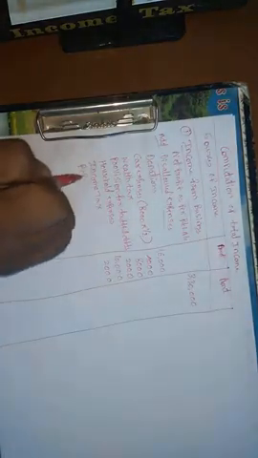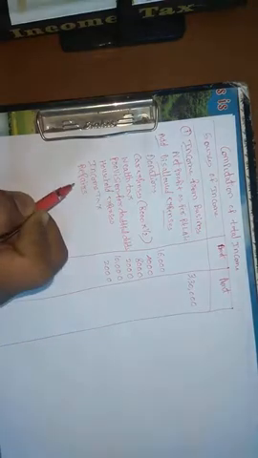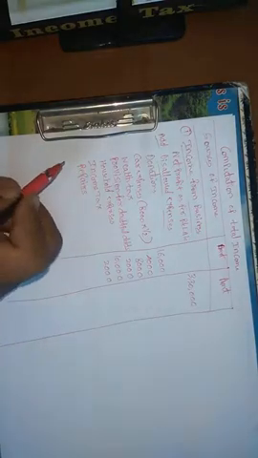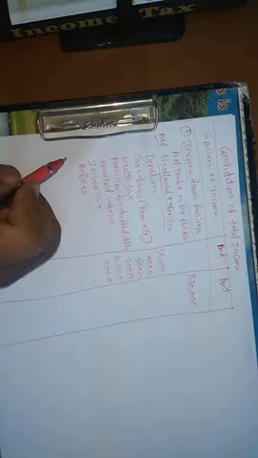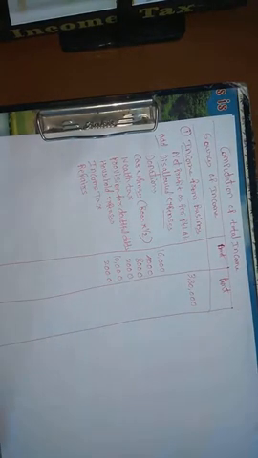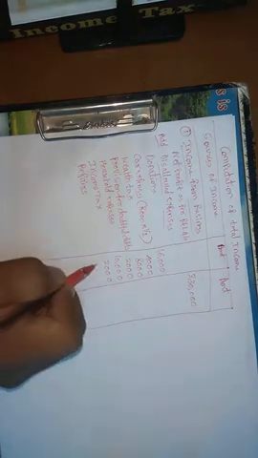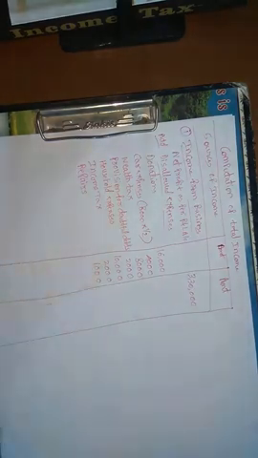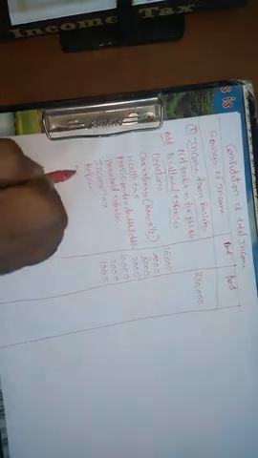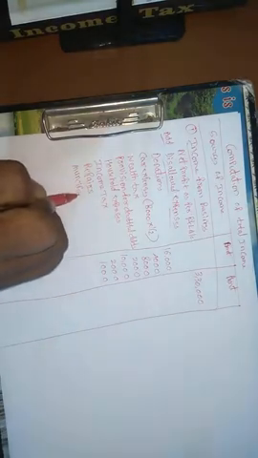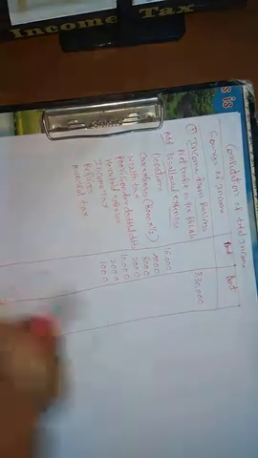Then there is repairs. If you see the adjustment given, 1,000 of repairs is done for house property. That repairs of 1,000 should be added back because it is not related to business. Similarly, municipal tax will be taken in house property. It will not be taken here.